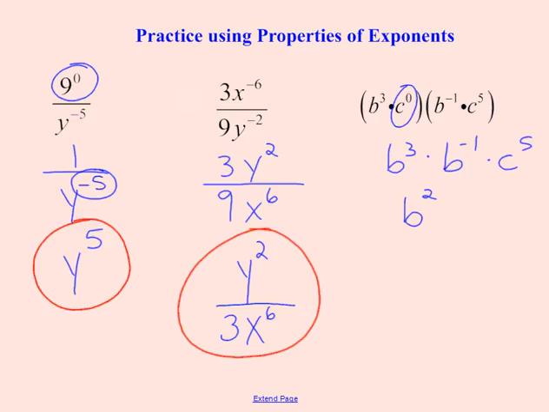Now, what I've done is I've avoided having to use the negative exponent rule, because by using the product rule and adding 3 plus negative 1, that negative exponent has gone away anyways. Now, I still have times c to the fifth, but hopefully you're remembering that we only use the product rule when we have the same base. And in this case, we have base b and base c. They obviously are not the same, so this is our simplified answer.